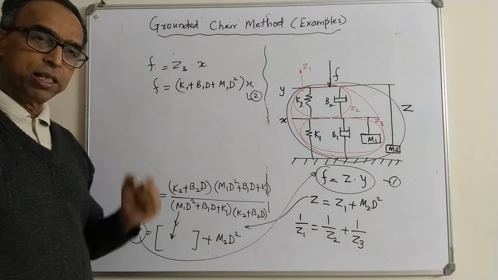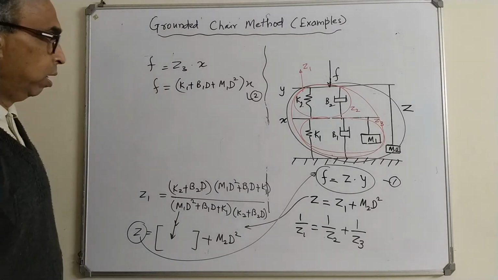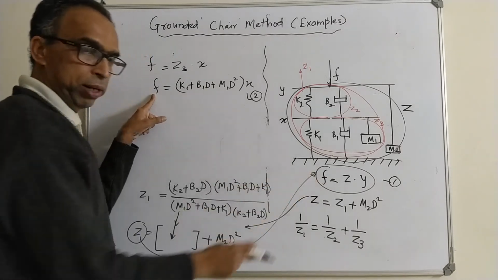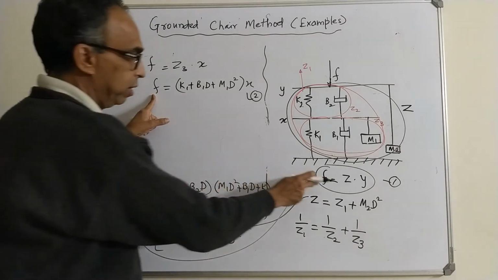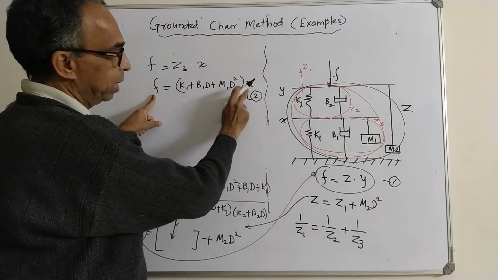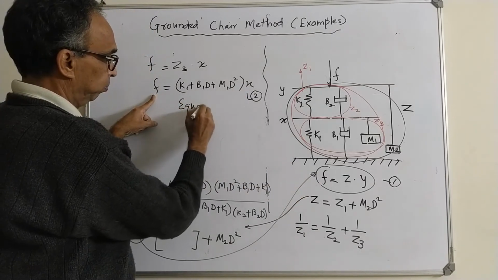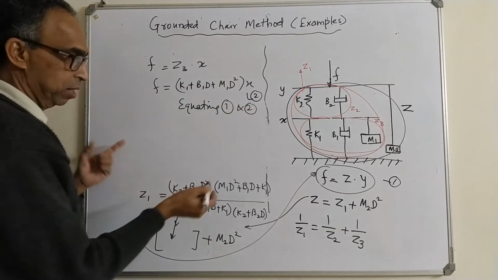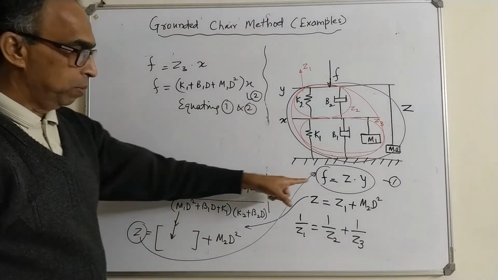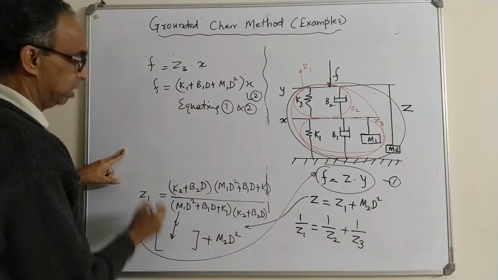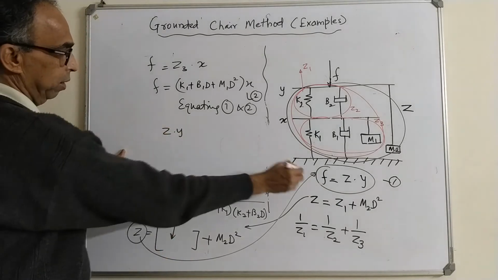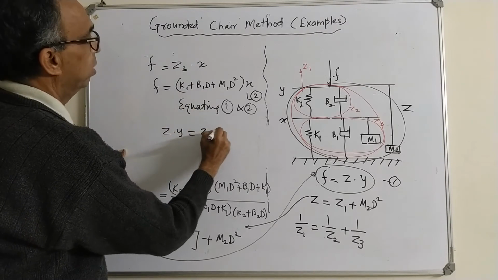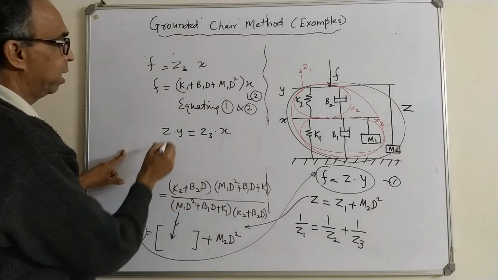Now the third question was the relationship between X and Y. If I equate equation number 1 and 2, because F is the same for both equations, F will be eliminated. So Z into Y is equal to this Z3 into X. I know what Z3 is, I know what Z is.